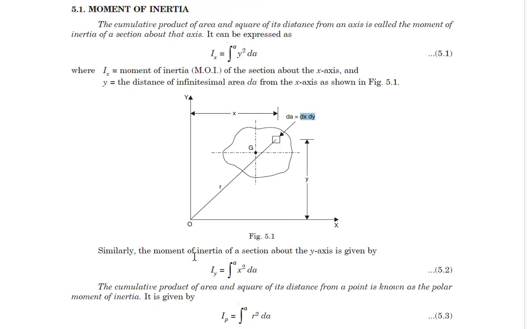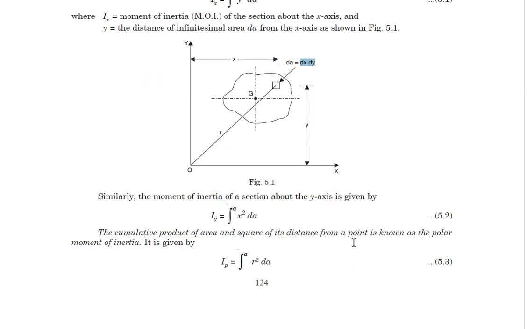And similarly, the moment of inertia of a section about the y-axis is given by integration of x squared, where x is the distance of the small area element from the y-axis, into dA. dA is again dx into dy, which is nothing but the area of the small element. So this is the general equation that we will be using to find out the moment of inertia of the entities or sections that we will discuss later in this video.